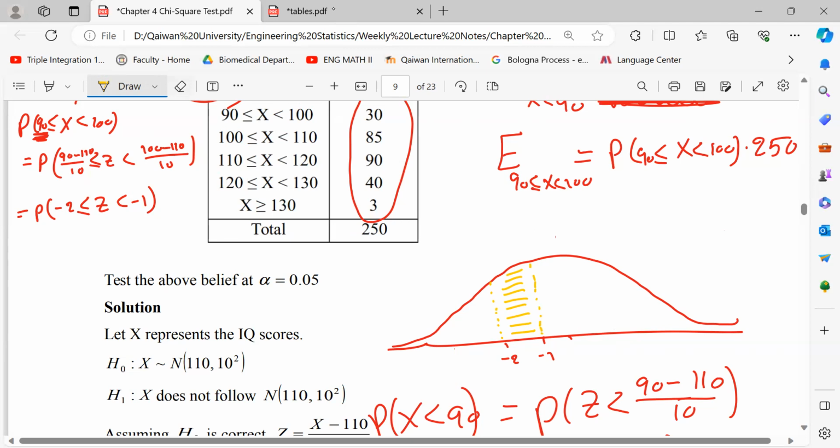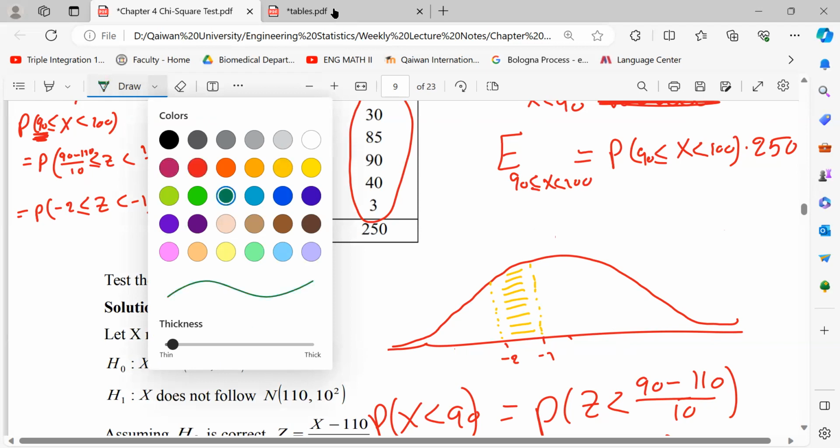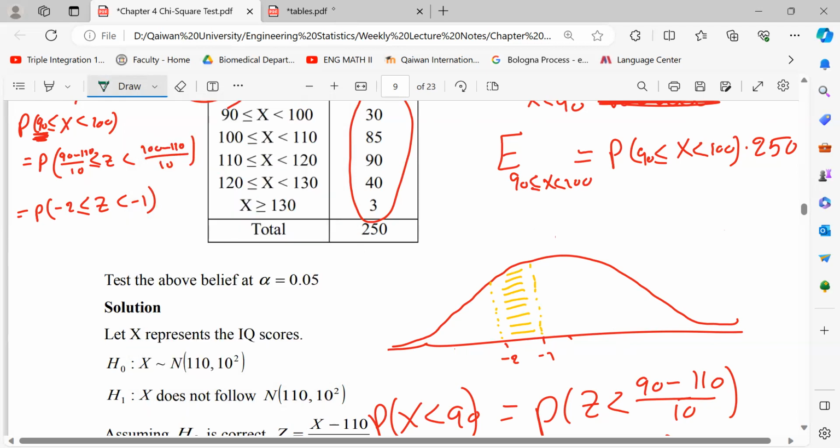The probability of Z being less than -1 is from -1 to the left. All of these. This green one is the probability of Z being less than -1.